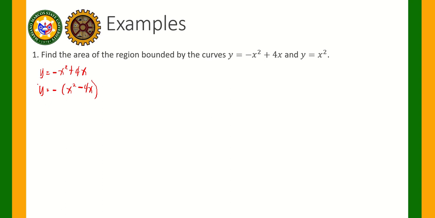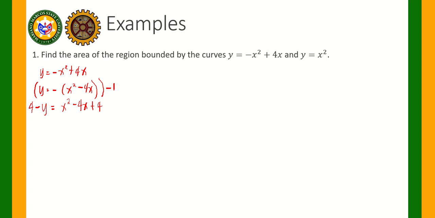So, we multiply negative 1 para maging positive siya. So, this will become negative y equal to x squared minus 4x. And we can apply si completing the square na. So, we add 4 here. And then, kung ano yung ginawa natin dito, yun din yung gagawin natin sa isang side. So, this will become 4. We add 4. So, positive 4 na lang.